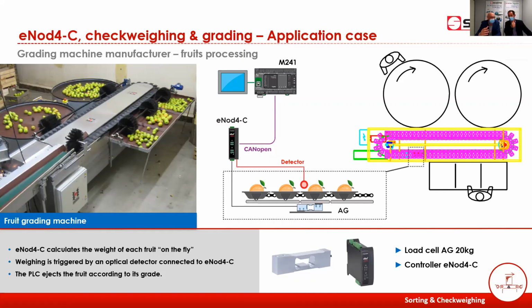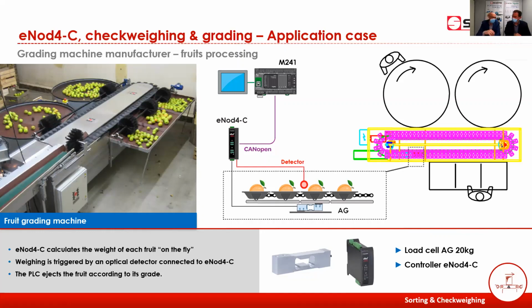The goal of this application is not very accurate weighing compared with the application before, because for pre-pack we need very high accuracy. For this type of application, we just have to calibrate the fruit according to the size, and the accuracy is a little bit lower than real checkweigher applications.